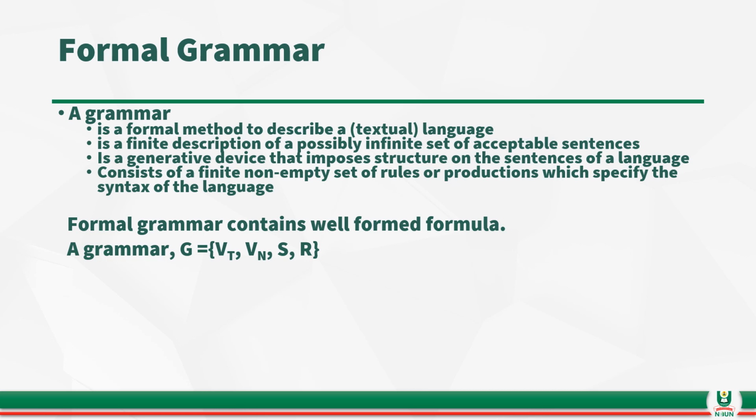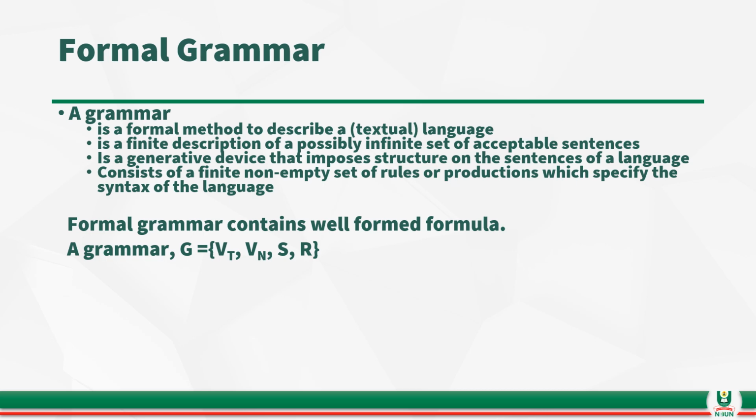Formally stated, a grammar G equals a tuple consisting of VT, VN, S, and R, where VT is the set of terminal symbols, usually placed on the terminal nodes and represented with small letters.